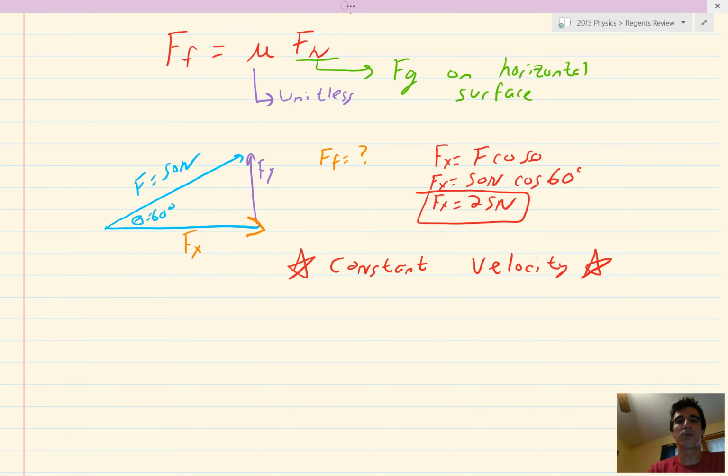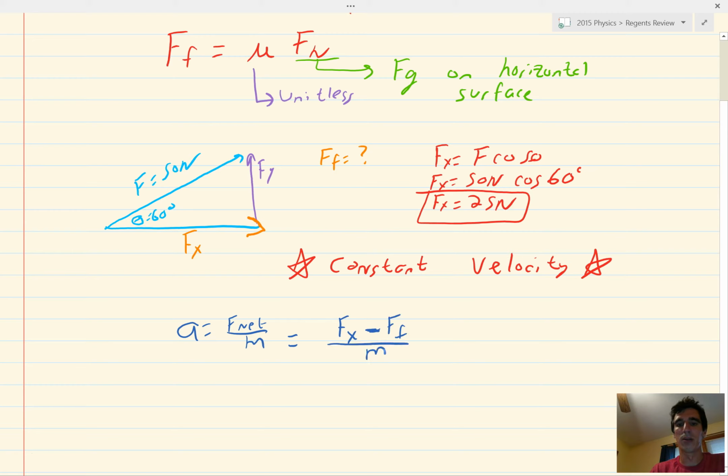So if we look at the net force in the x direction, a equals F net over m. In the x direction, we have the force in the x direction minus the opposing force, force of friction, over m. But the object's not accelerating, so we could get rid of a.